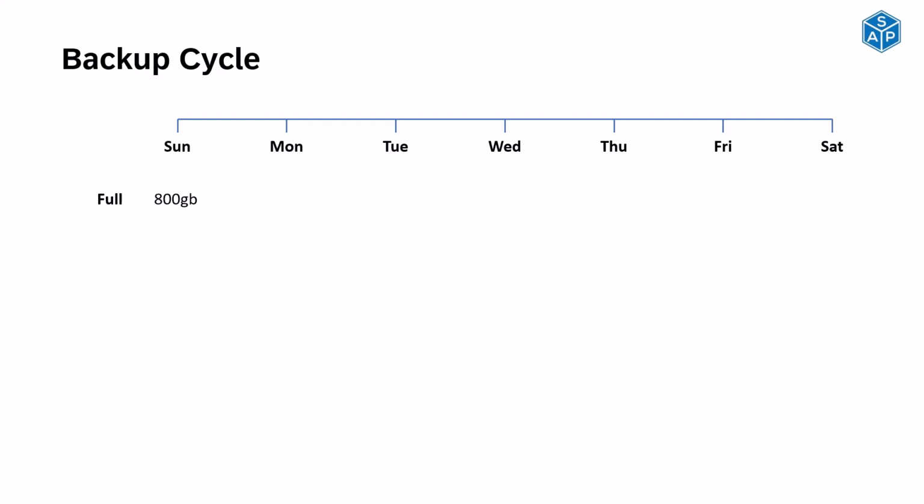So on Sunday when the backup happens, it will take a backup of 800 GB. On Monday again it will take a full backup of 800 GB. Again on Tuesday a full backup of 800 GB. Then Wednesday 800 GB, Thursday 800 GB, Friday 800 GB, and Saturday also 800 GB. Again when it comes back to Sunday, it will start again with 800 GB.